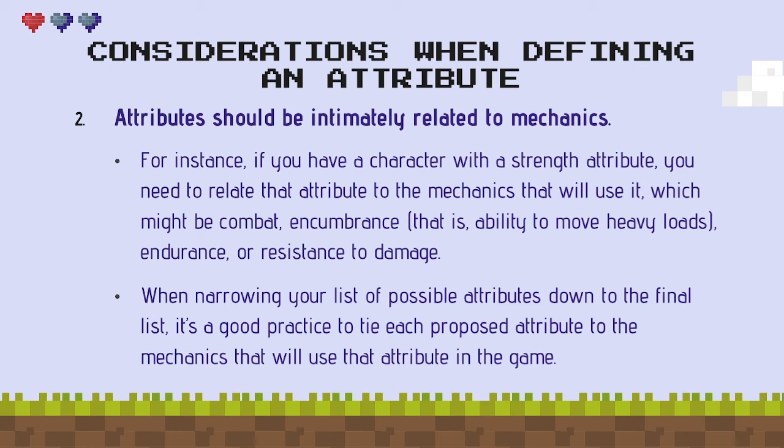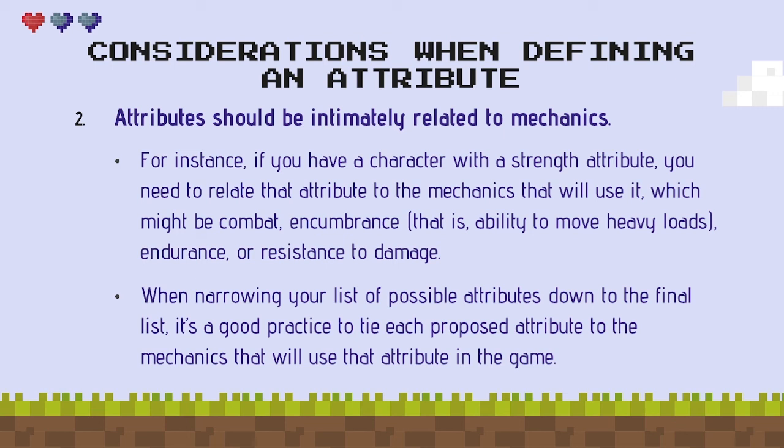So, when narrowing your list of possible attributes down to the final list, it is a good practice to tie each proposed attribute to the mechanics that will use the attribute. So, again, attributes should be intimately related to the mechanics. Maliban sa it serves a purpose, no?